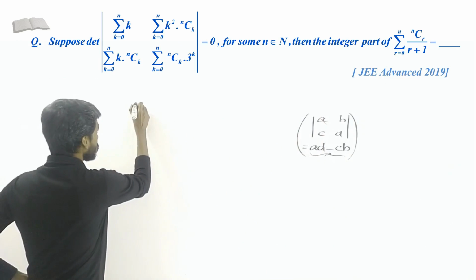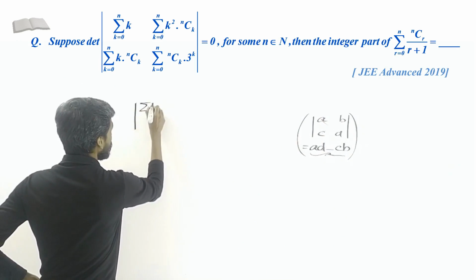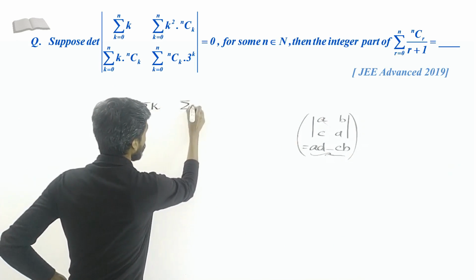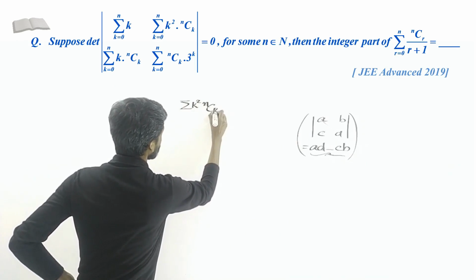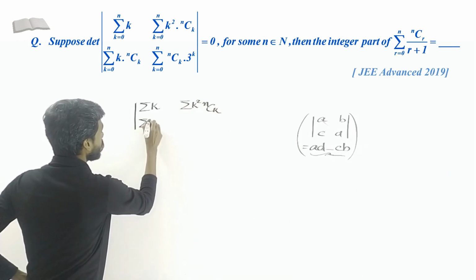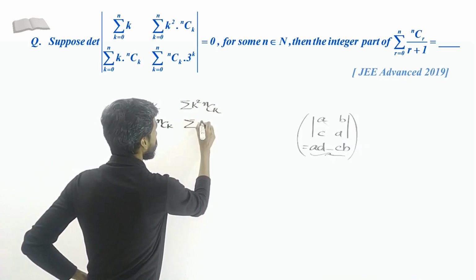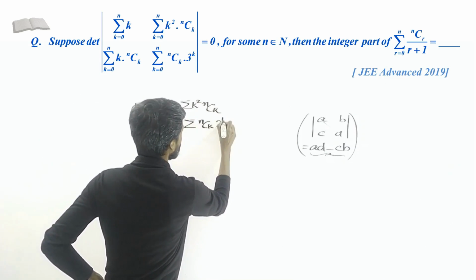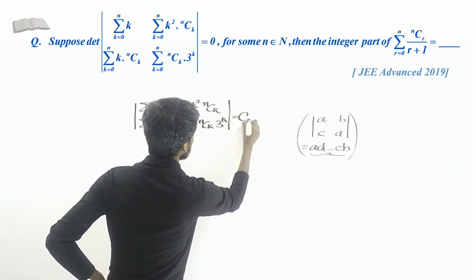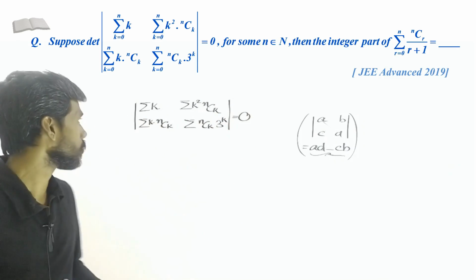So we can simply find the expansion of the determinant. It is given that the determinant with sum of k squared nCk, and similarly sum of k nCk, and sum of k nCk 3 to the power k, is 0. Okay, so let us find the value of the determinant.